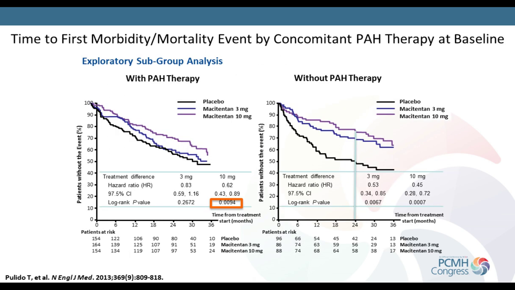And this occurred even in patients who were already on another drug. So about 2/3 of patients in that study were on sildenafil, Viagra, as their background drug. And then they were randomized to the macitentan or placebo. And even in patients on background therapy, like shown on the left there, you still had a benefit. And again, that's an inkling of why we're talking about combination therapy.